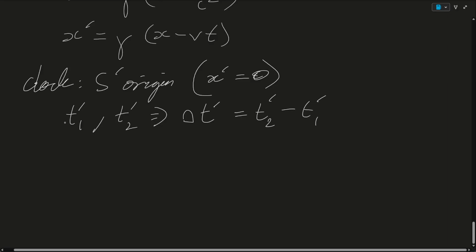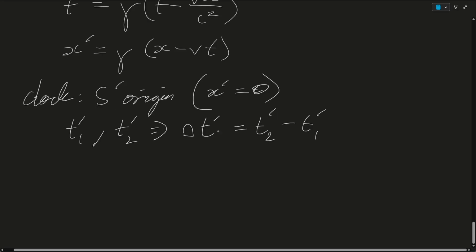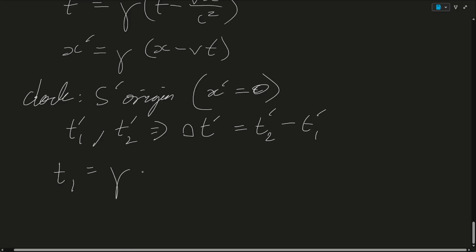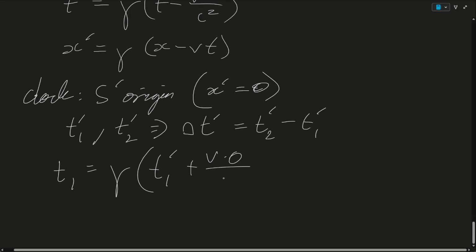Anyway, we can just invert the transformation here to find the original times between these. So we have that t1 is gamma times t1 dash plus x dash, which is 0, over c squared.